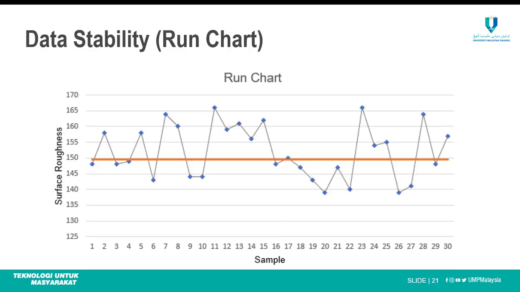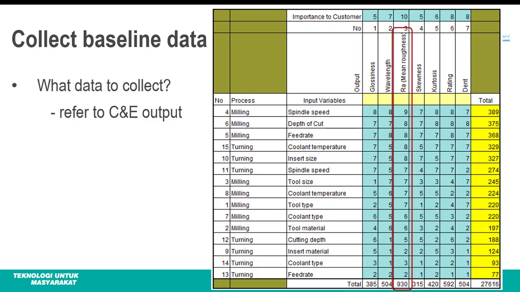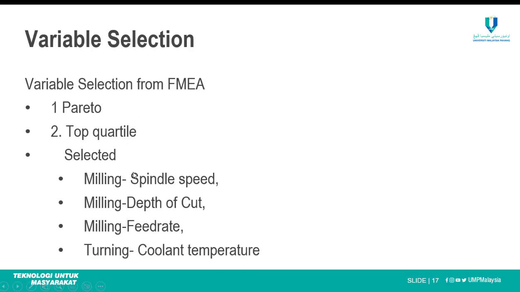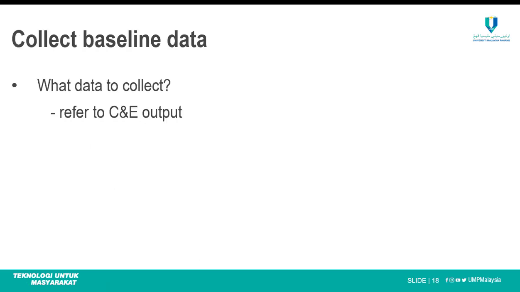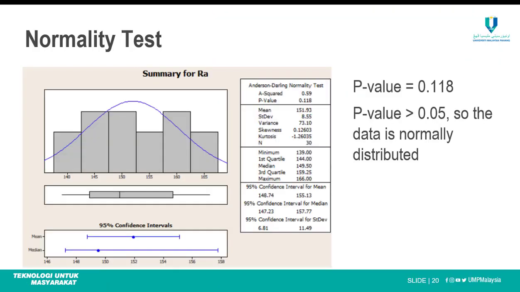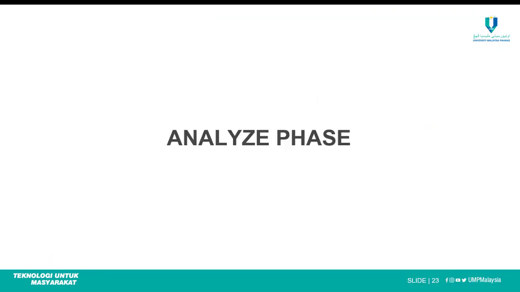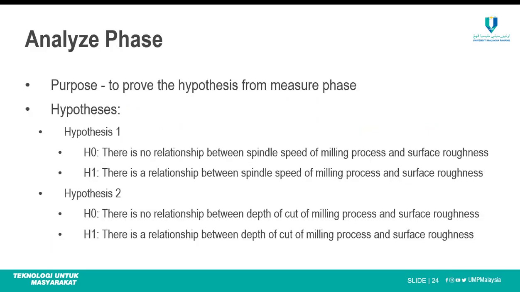We have identified 4 variables or parameters that we think contributed to the surface roughness, but that is basically based on our assumption. So in the analyze phase, we are going to test or validate our hypothesis using the actual data.